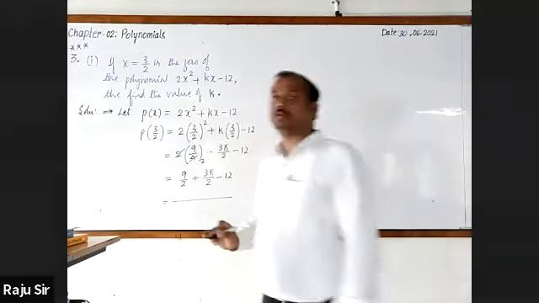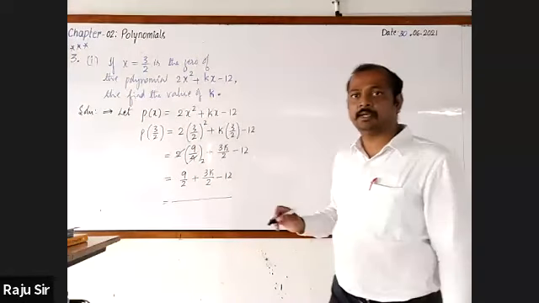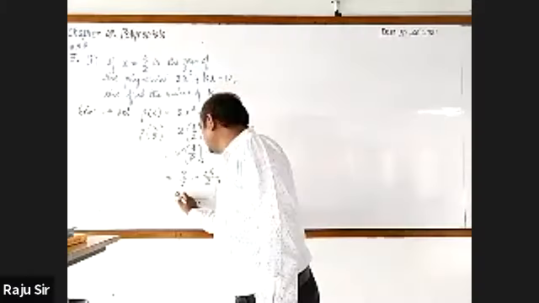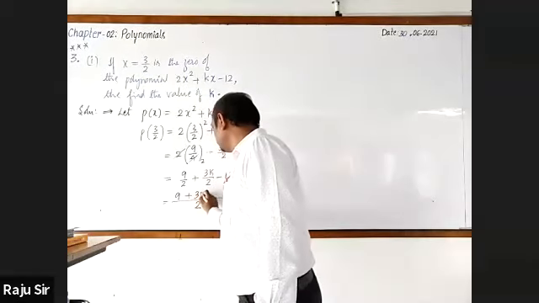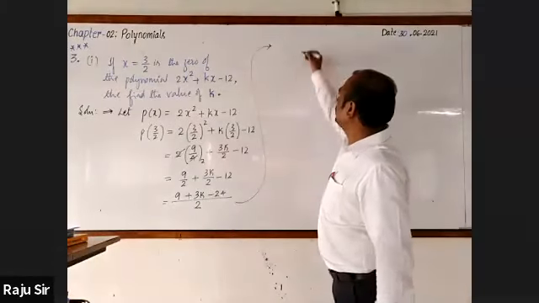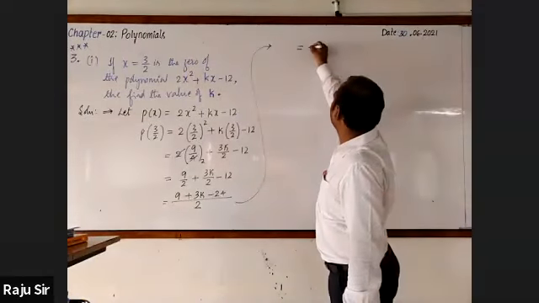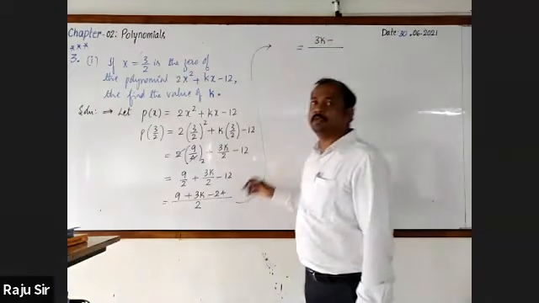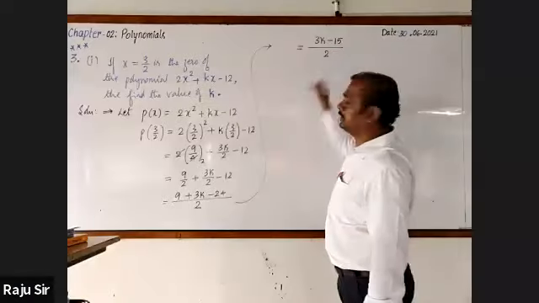Take the LCM of the denominator. It is 2. Multiply LCM with the first term, it is 9. With the second term, 3k. With the third term, it is minus 24. Now this is equal to 3k, 9 minus 24 is minus 15, divided by 2.